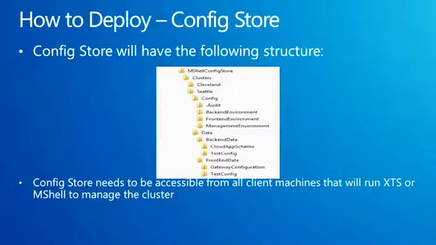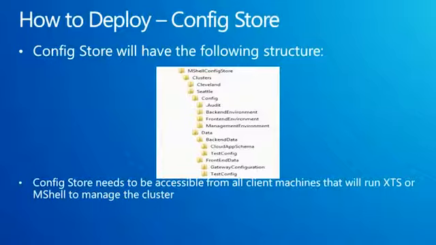The config store needs to have the following structure, as shown here. At the top level, there will be a name for the cluster, and this will be the common name for the cluster as seen in XDS and as used in the cluster commands for MShell.